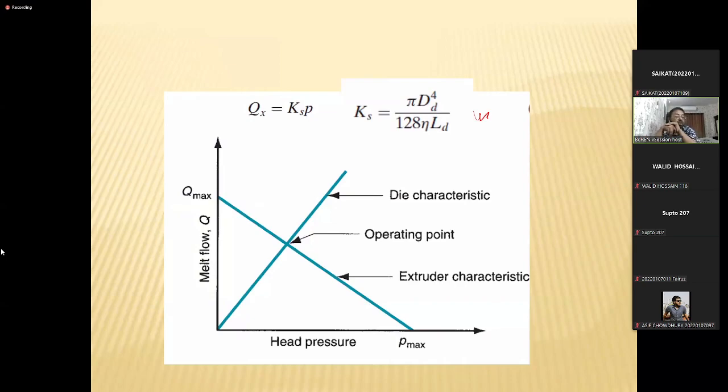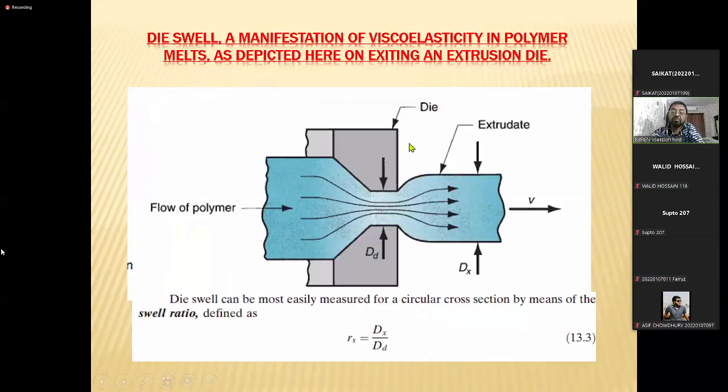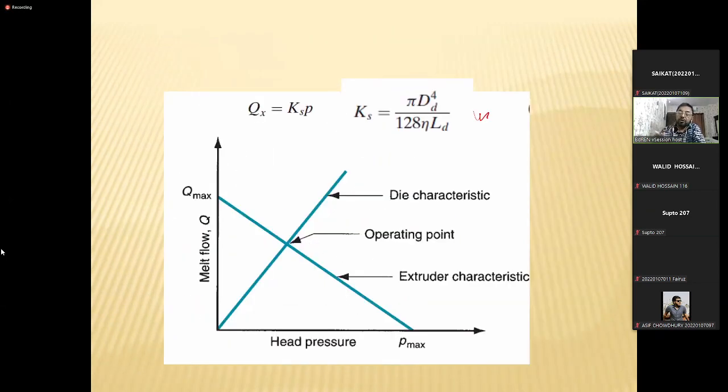I already uploaded the slide in the Google Classroom. For circular shape, Ks can be calculated theoretically by using this formula. That is something you have to know for our numerical solution of the problems.